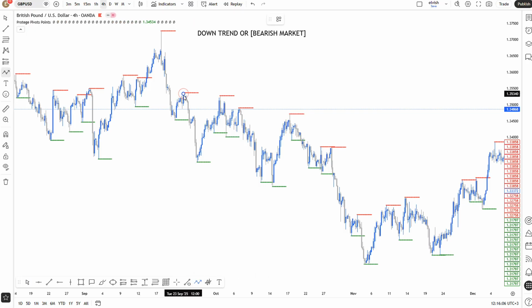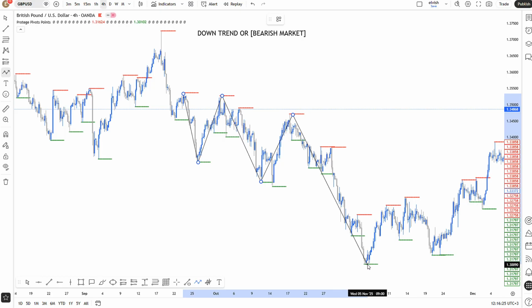From here making a lower low, then giving us a lower high, giving us a lower low, giving us a lower high, giving us a lower low, and then giving us a lower high. So that's where the trend stopped.